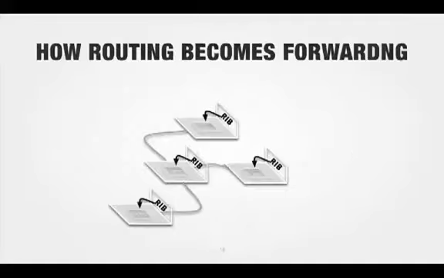Apologies in advance. But how routing becomes forwarding is really important. In a networking device, we often talk about a thing called a RIB, and your routing protocols are what we use to gather information together from all of the devices in the network. Those routing protocols, like OSPF or BGP, provide information which is then loaded into the RIB, and the RIB selects the best route from all the routing protocols.